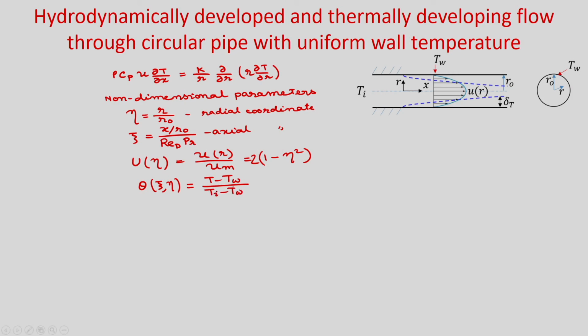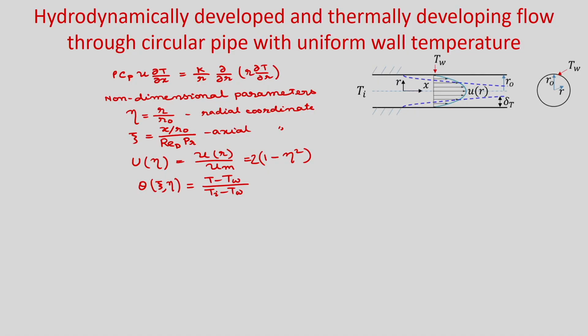Now, you can see using these non-dimensional parameters in r direction at r is equal to r naught, T is equal to T w. So, theta will become 0, and at r is equal to 0, d theta by d eta will become 0. So, you will get homogeneous direction in r direction or eta direction.